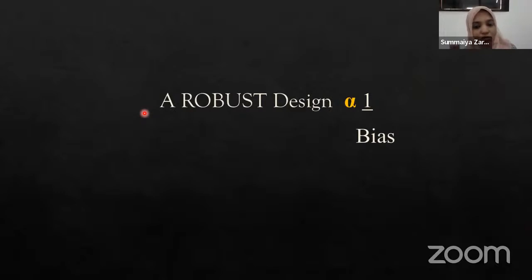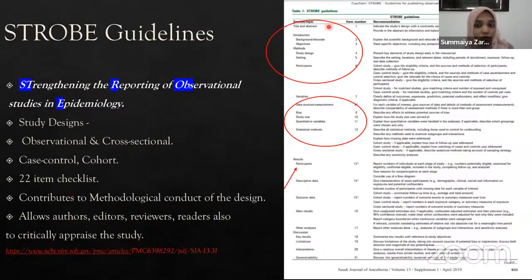And this is what I mean, that if you have a robust study design, bias is going to be inversely proportional to it. The bias automatically gets reduced if you follow all these checklist items while preparing your methodology, rather than referring to it later.